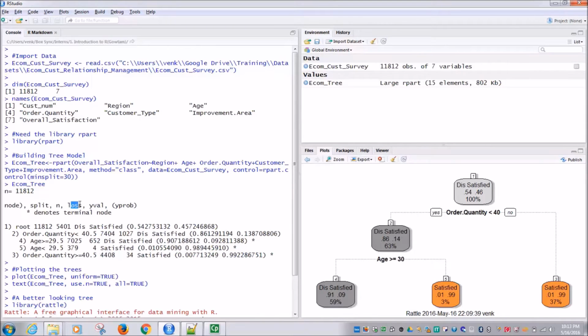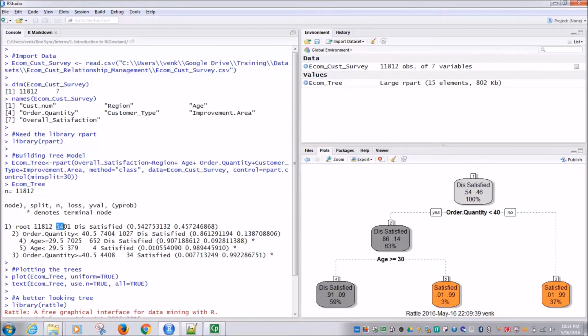Then loss. What is loss? We are considering this whole segment as dissatisfied. If you come to the root, there are 54% dissatisfied customers, remaining all are satisfied. And we are saying this root node is a dissatisfied node. That means purely it has to have all of them dissatisfied, but there are still some satisfied customers.